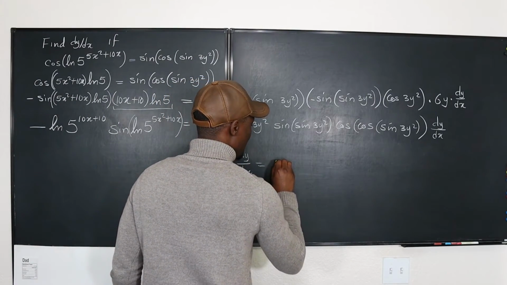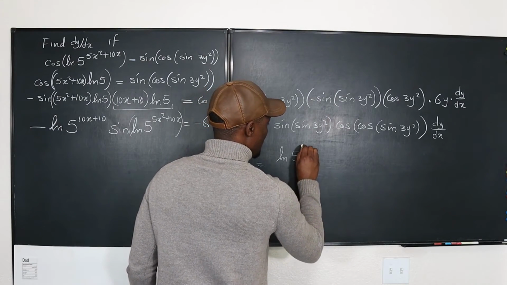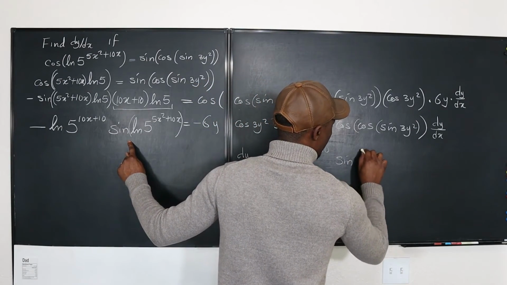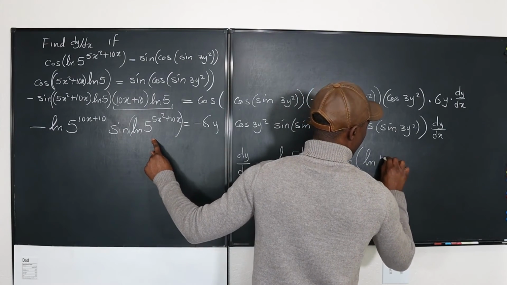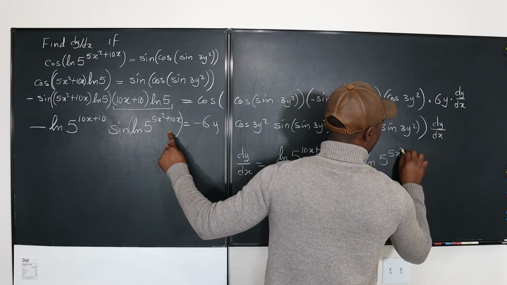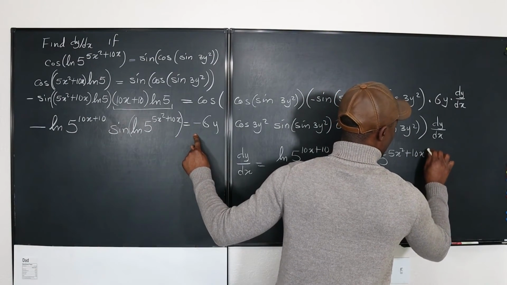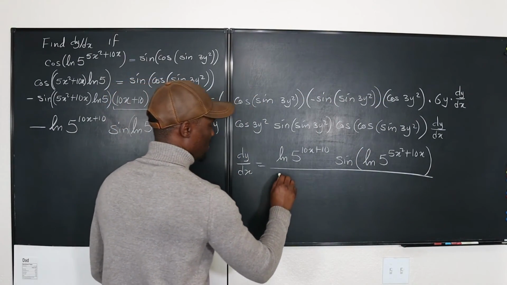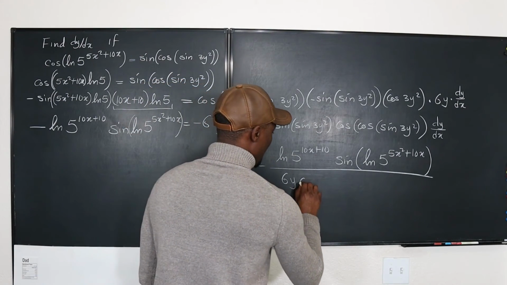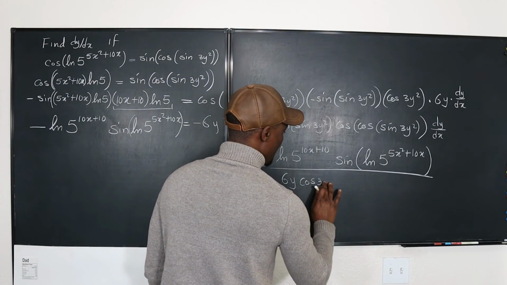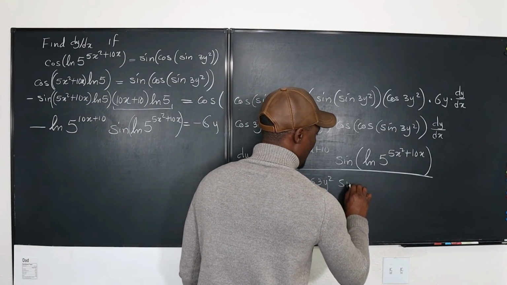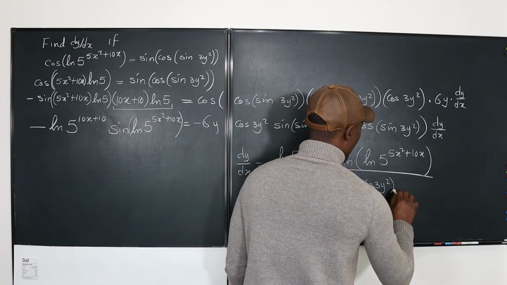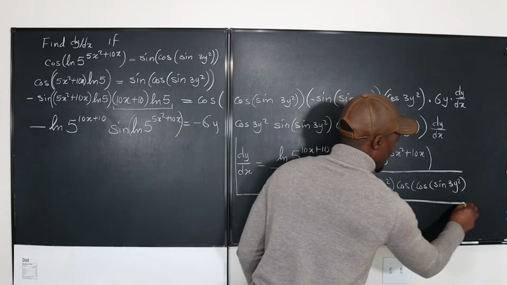So all we have here is the natural log of 5 to the 10x plus 10 multiplied by sine of the argument, which is the natural log of 5 raised to power 5x squared plus 10x, all divided by this portion, which starts with 6y, and then you have the cosine of 3y squared, then multiplied by the sine of 3y squared multiplied by the cosine of sine 3y squared. This is the answer that we've been looking for.